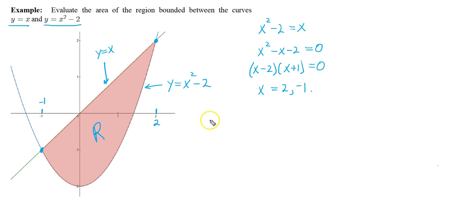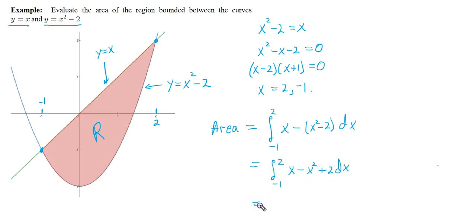And so the area of this region is going to be... And so there you go, we found the antiderivative of x minus x squared plus 2. Right here it is. And now we just need to evaluate this from -1 to 2.